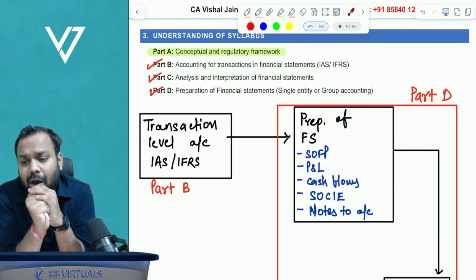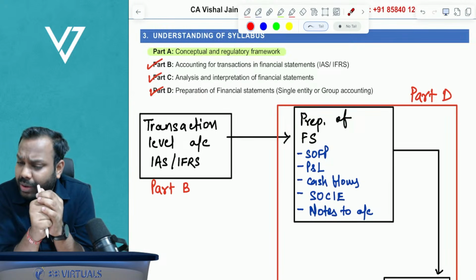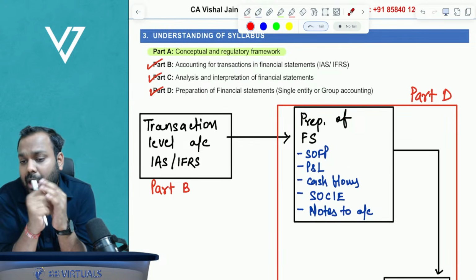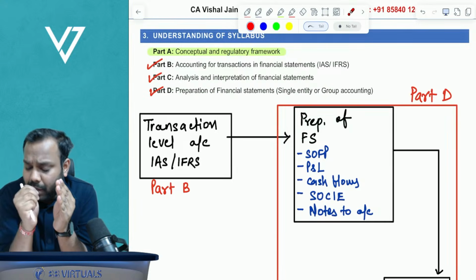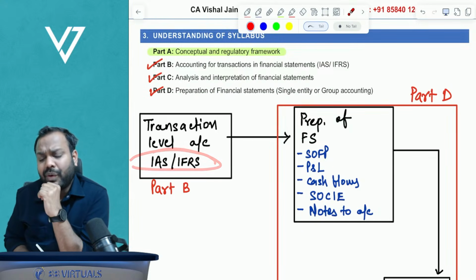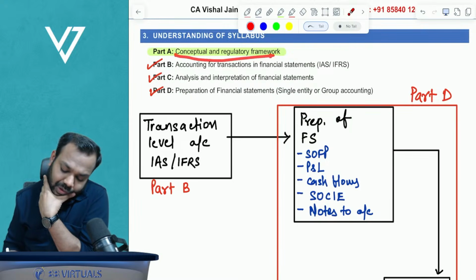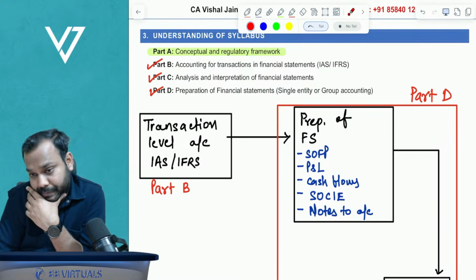Tell me, how will the company do the accounting in that case? It will take the reference from the conceptual framework.